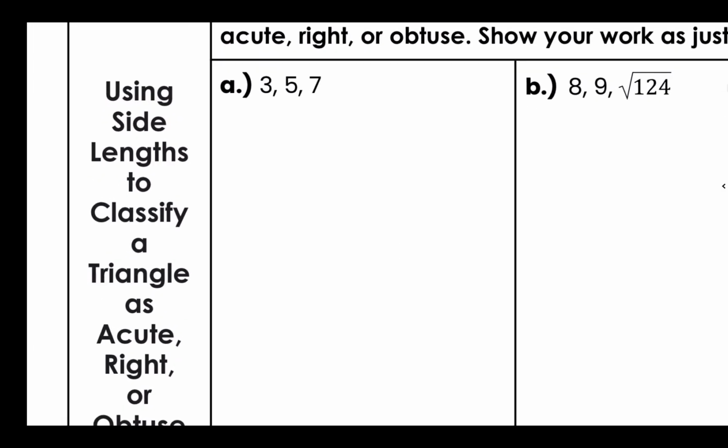So if we have 3, 5, and 7, one thing that's good is to check to see if it can make a triangle. So 3 plus 5 is greater than 7. So it makes a triangle. If it was less than 7 or equal to 7, it doesn't make a triangle.